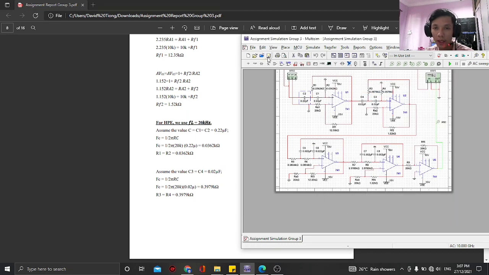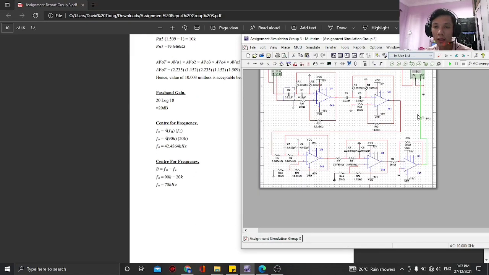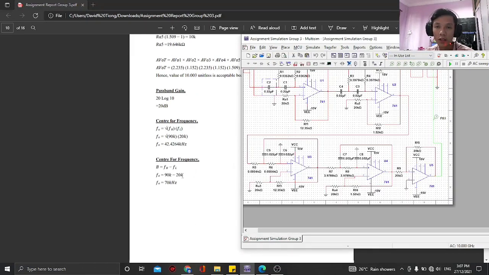After that, we save all the component values that we corrected according to the calculation. So we run the simulation.